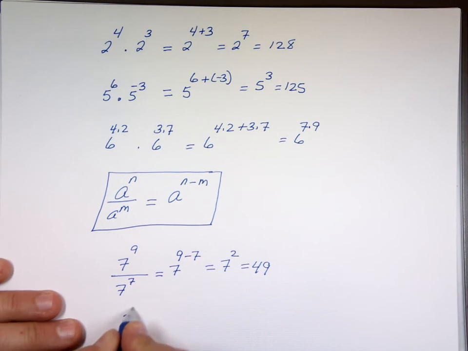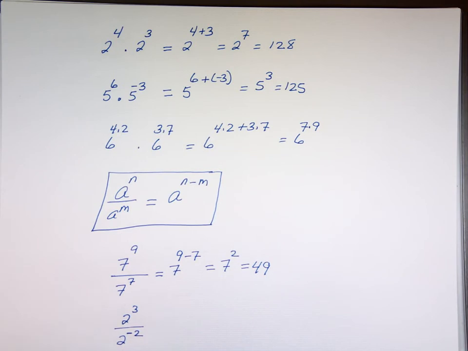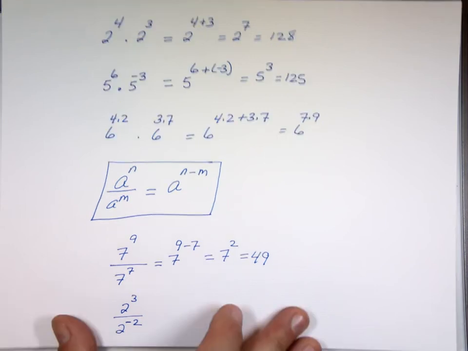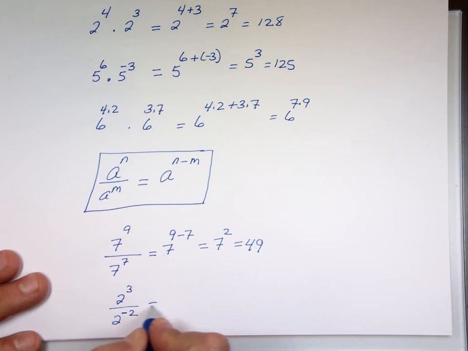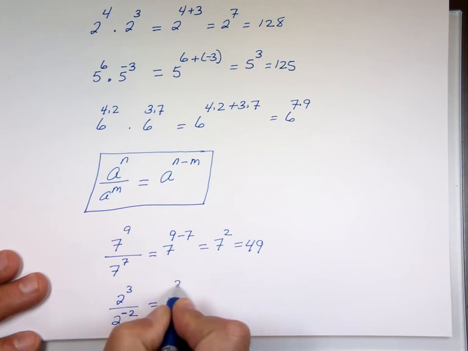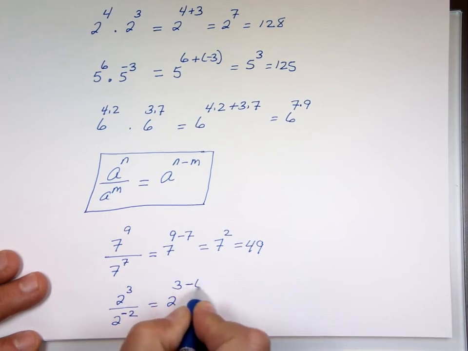2 to the 3 divided by 2 to the negative 2. Again, subtract the exponents. 2 to what power? 3 minus a negative 2.